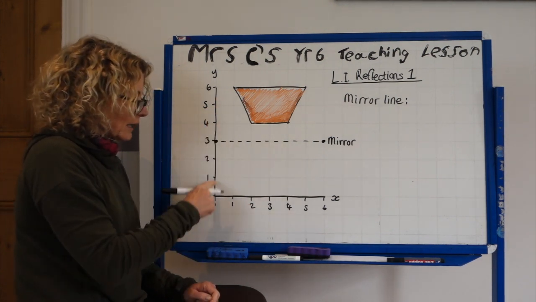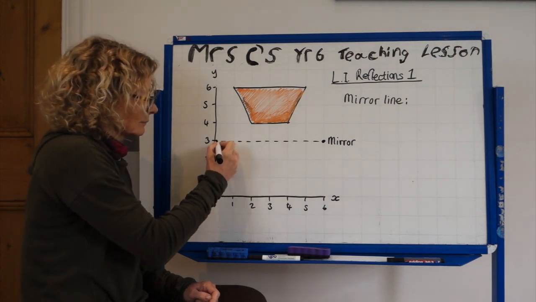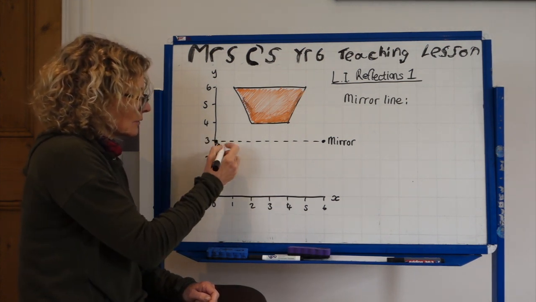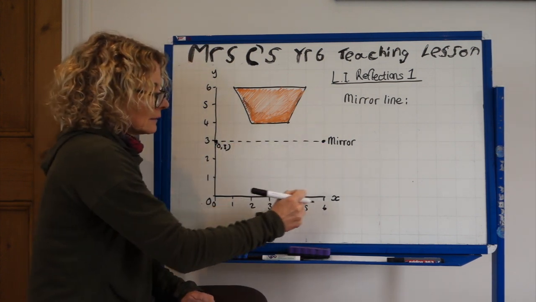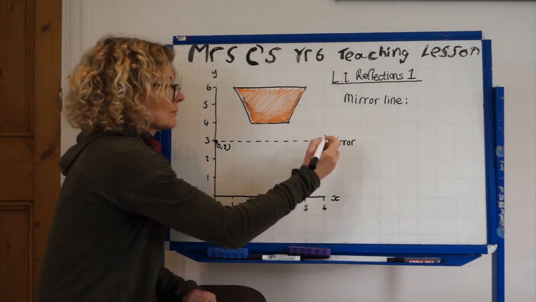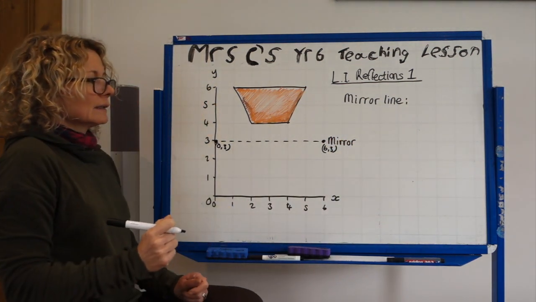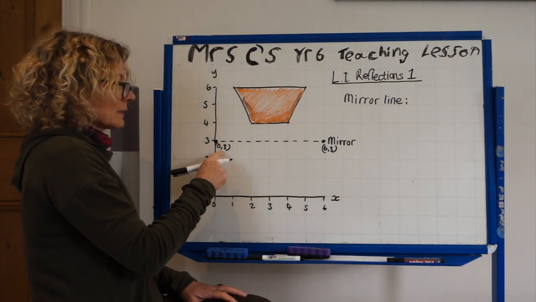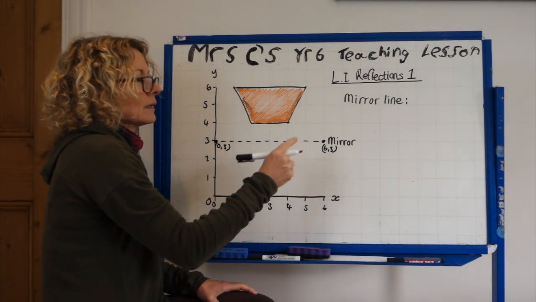So on the x-axis it's 0, so this dot here is 0, 3, agreed? And this dot here, in through the hallway up the stairs, is 6, 3. So this mirror line runs from 0, 3 to 6, 3.